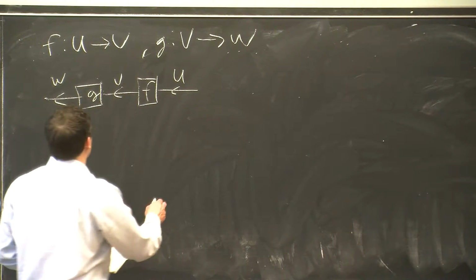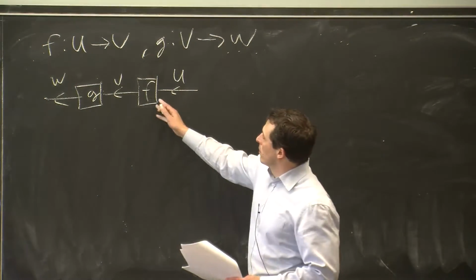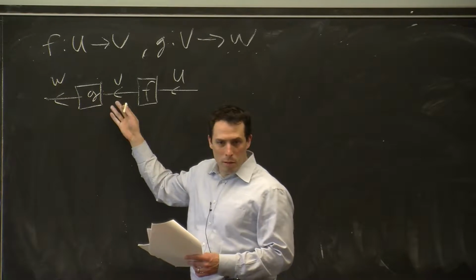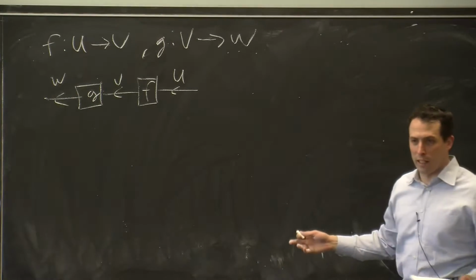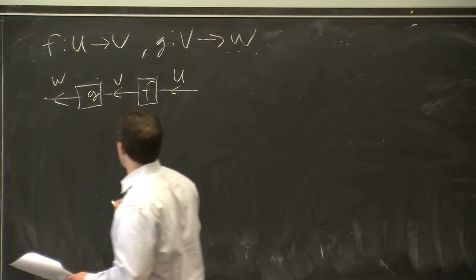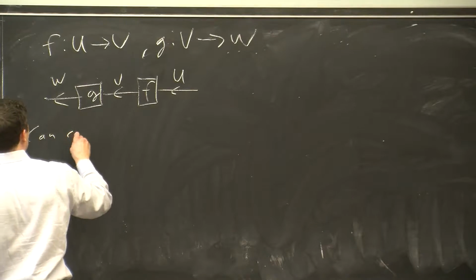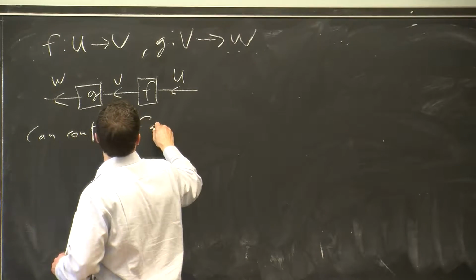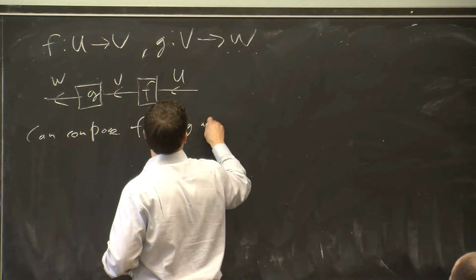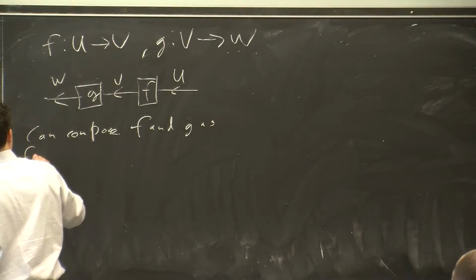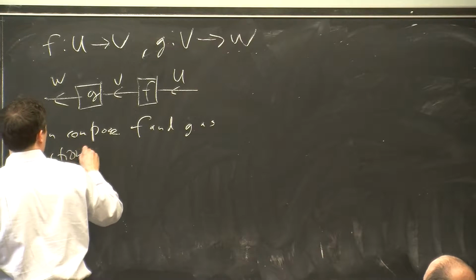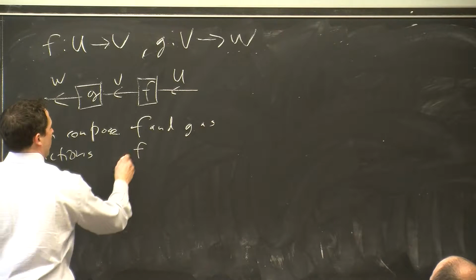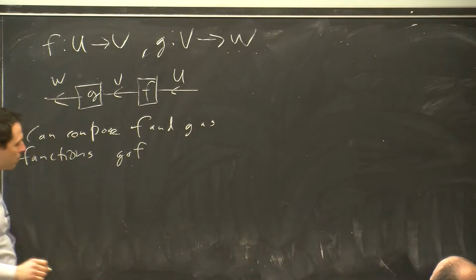So the idea is that if the codomain of one function and the domain of the other match up, of course, if these are just set functions, I can always compose them as functions, just functions, not linear transformations, to define g composition f.